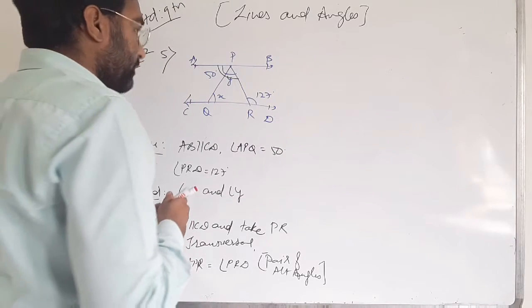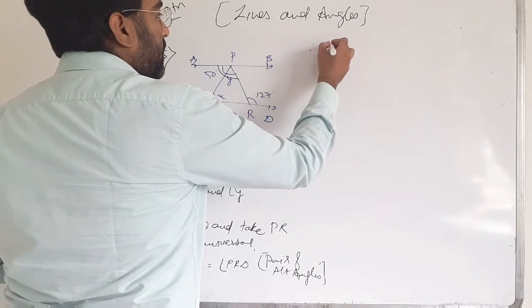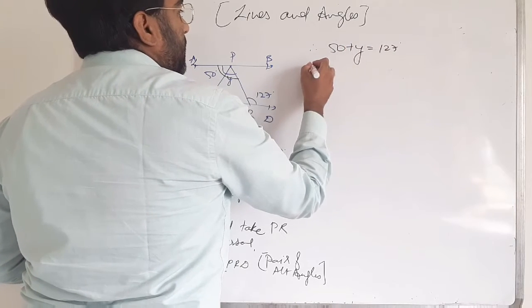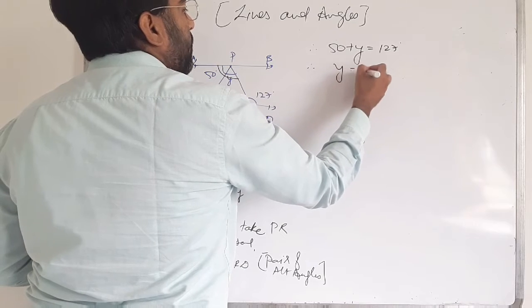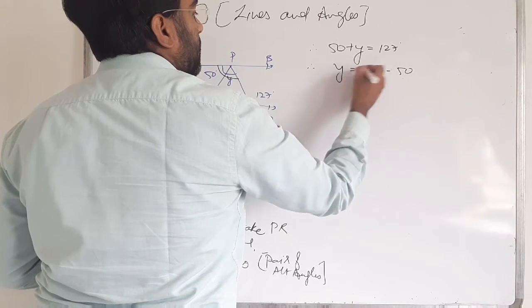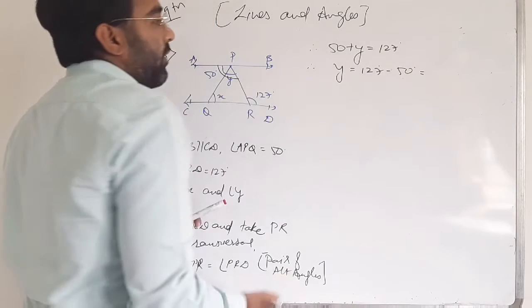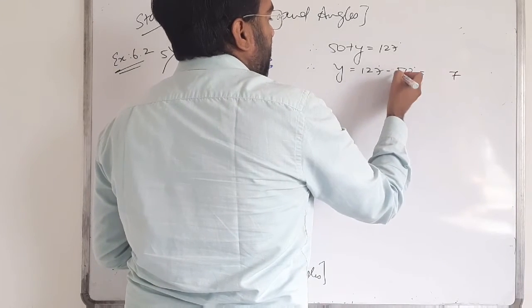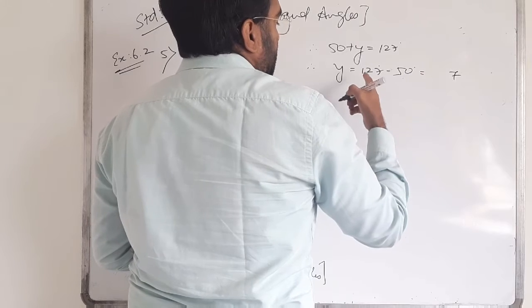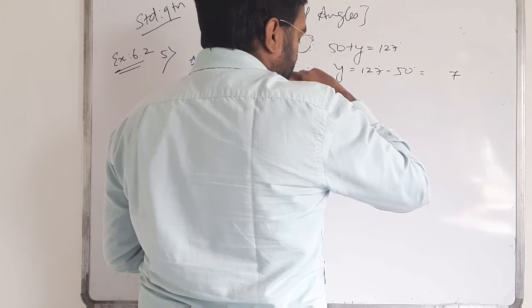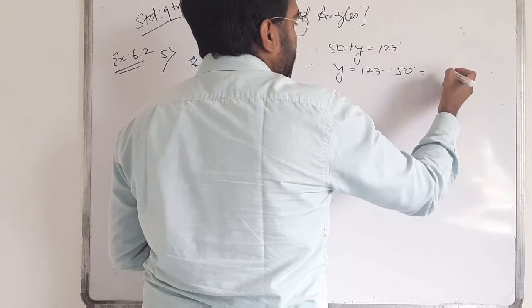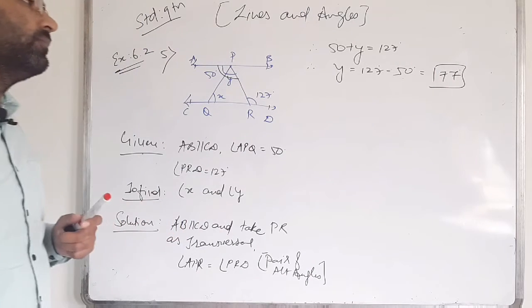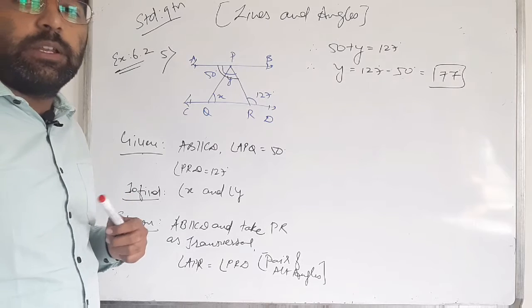Therefore 50 plus Y is equal to 127. Therefore Y is equal to 127 minus 50, that is 77 degrees.